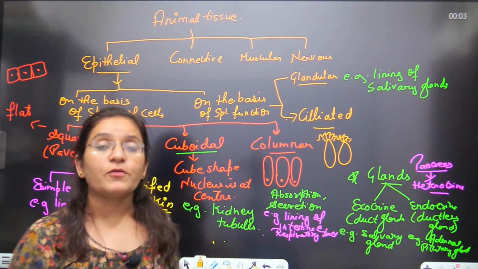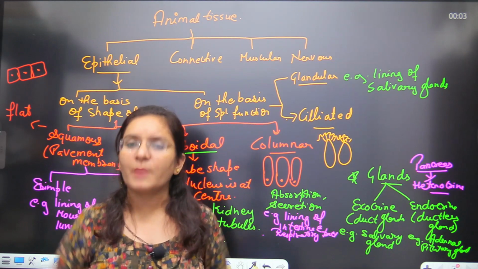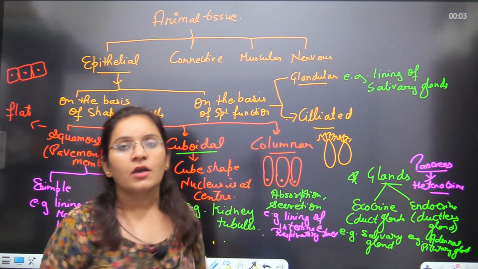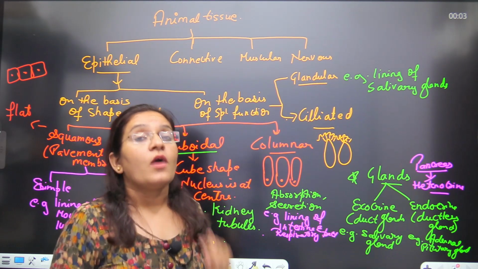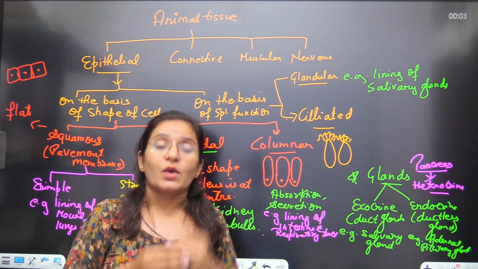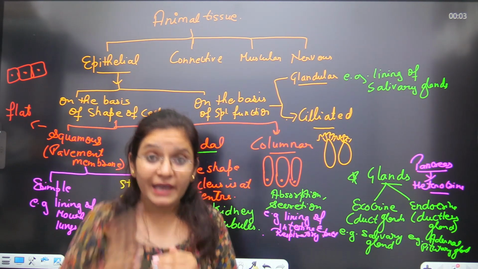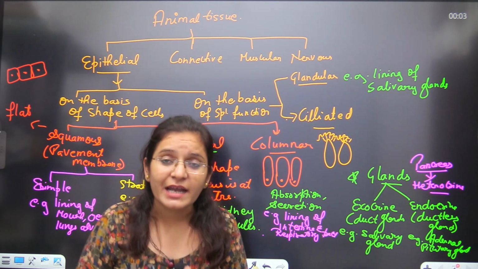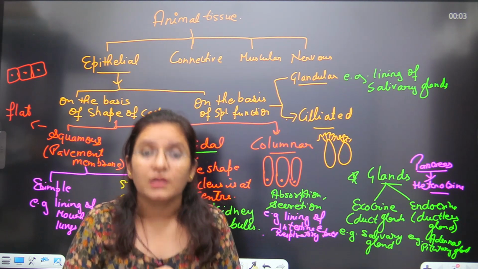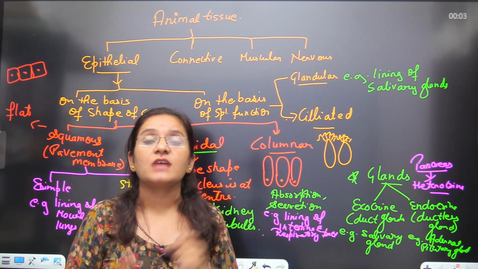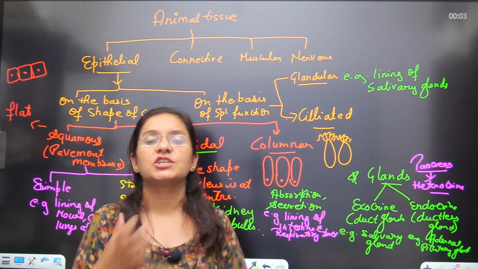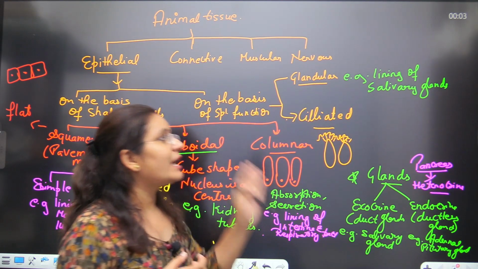More time is there for absorption or secretion of the materials done by these columnar shaped cells. So when columnar epithelium tissue has cilia, hair-like structures, it is known as ciliated epithelium. It helps in increasing the surface area so that maximum absorption or secretion occurs.